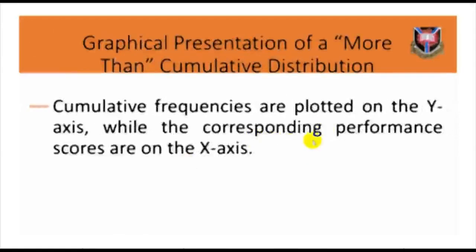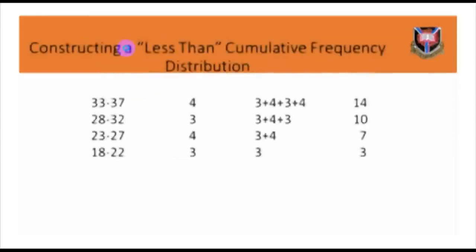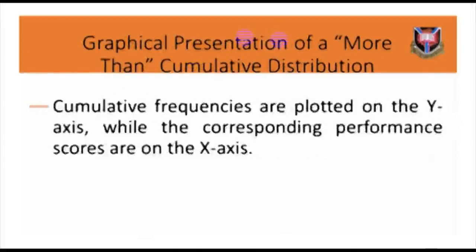This procedure also continues until all the intervals are exhausted. Again, the less than cumulative frequency for the topmost interval must be equal to summation f or n. In this case, it is 50, and it is interpreted that 50 employees have performance scores of 77 or less.